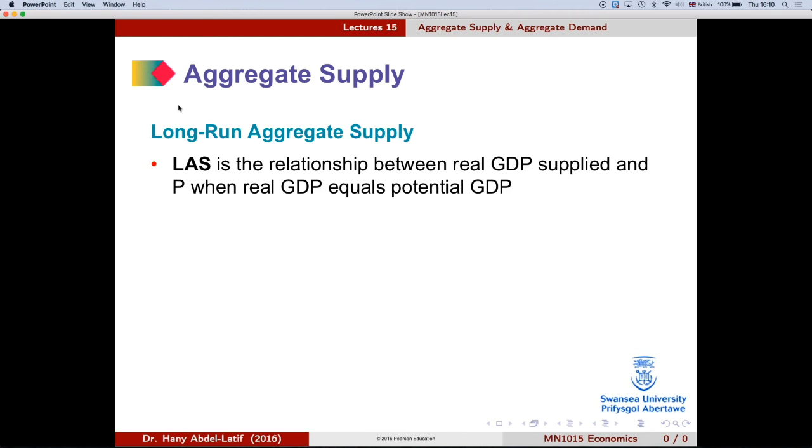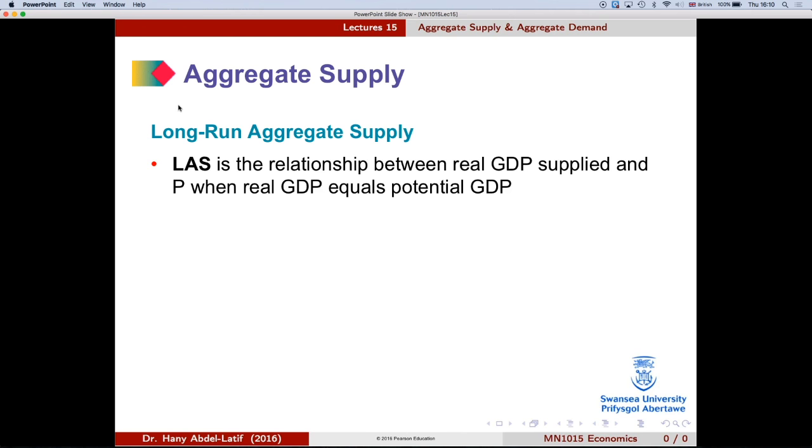So at that point, we have the full employment level. The unemployment that exists at that point will be the natural unemployment rate, which is the sum of the frictional and the structural unemployment rates. That's what we covered before. So at that point, the potential GDP will have full employment, all resources are fully employed, and that is the full capacity for the economy. So that happens in the long run.